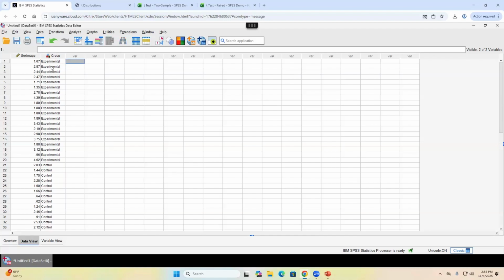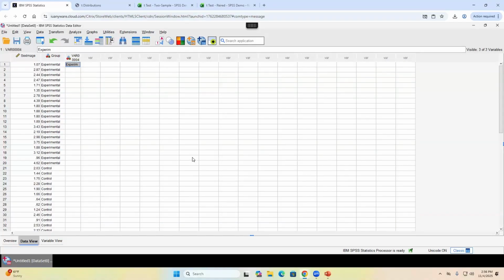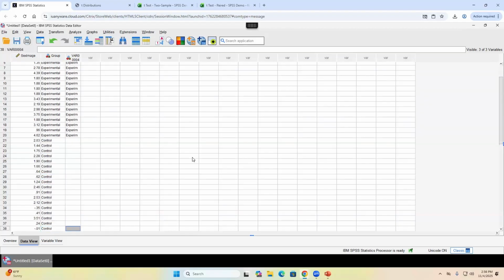So what we're going to do is before we delete all of this, we're going to rename these. So let's just call this, let's keep it 8 or lower. So we're going to call it experim, because that'll let us know that it's the experimental group. And then we can just copy and paste the control because they're not too long.